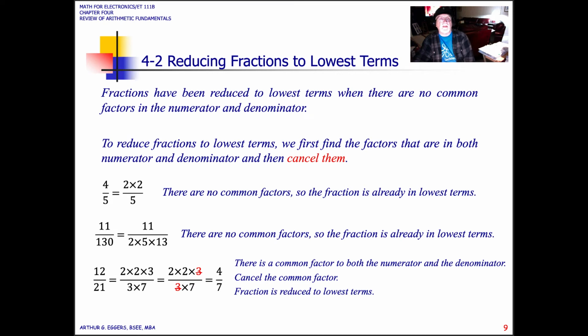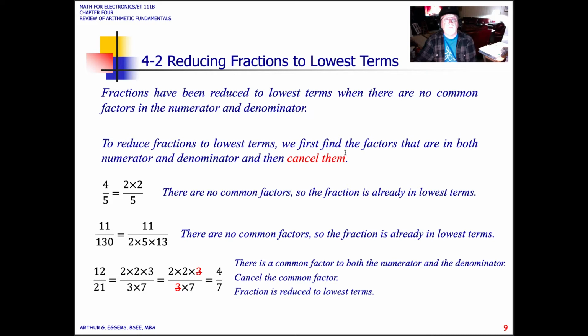So looking at fractions and using these prime values to get fractions down to their lowest terms: fractions have been reduced to lowest terms when there are no common factors left in the numerator and the denominator. To reduce fractions to lowest terms, we first find the factors that are in both the numerator and the denominator, and we start canceling them out.